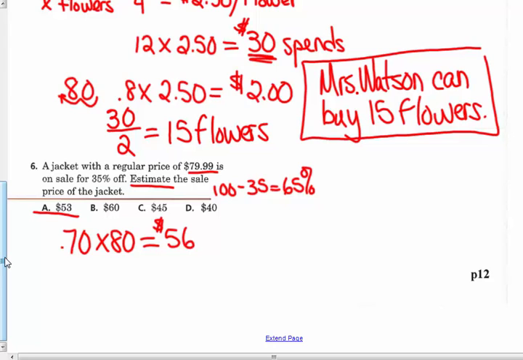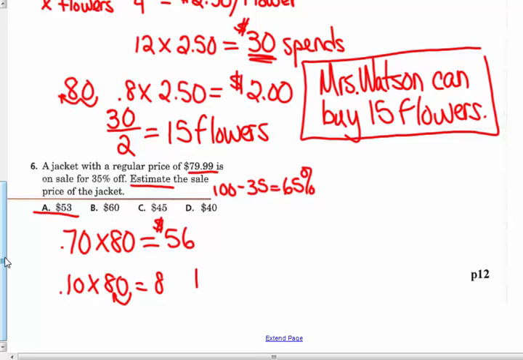What's another way I could estimate this? Well, I know 10% of 80, I've taught you all this, is just take the 80 and move it back one. So 10% off would be $8. Well, 8 times 4 would be $32 off.